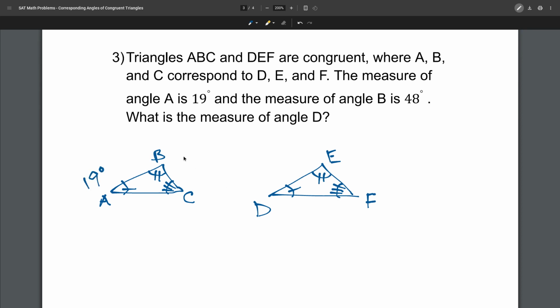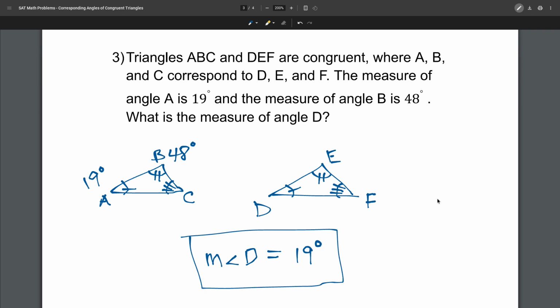The measure of angle B is 48 degrees. What is the measure of angle D? Well, the measure of angle D is congruent to A, so it's the same as the measure of angle A. So the measure of angle D equals 19 degrees.